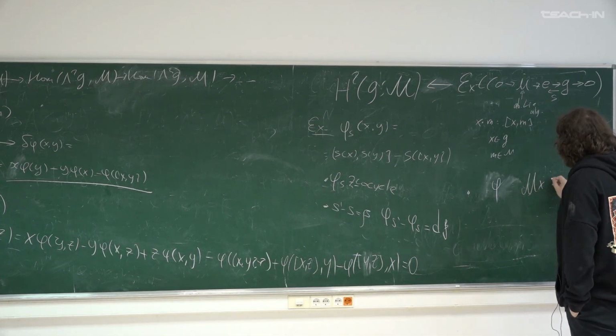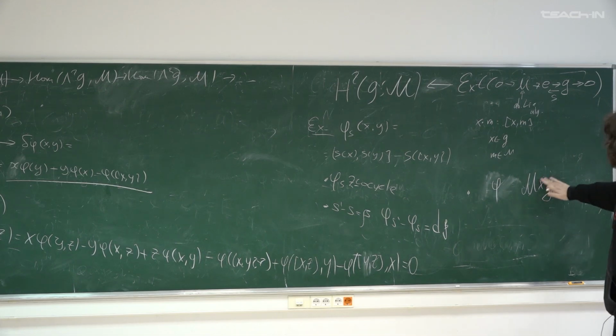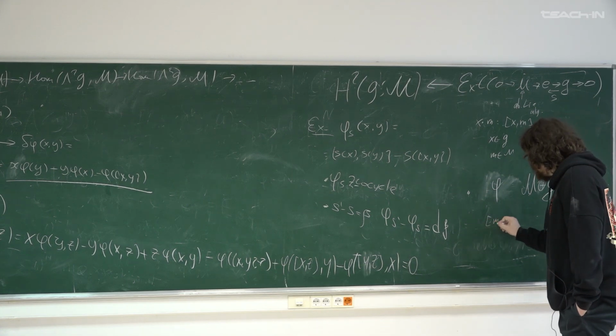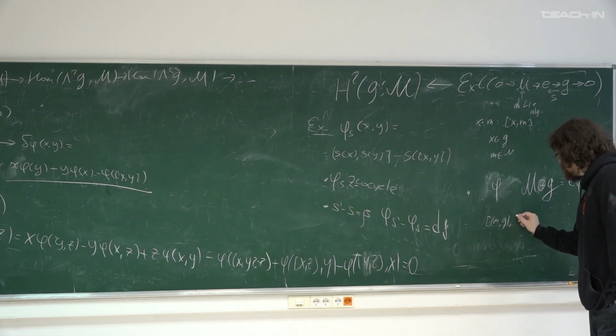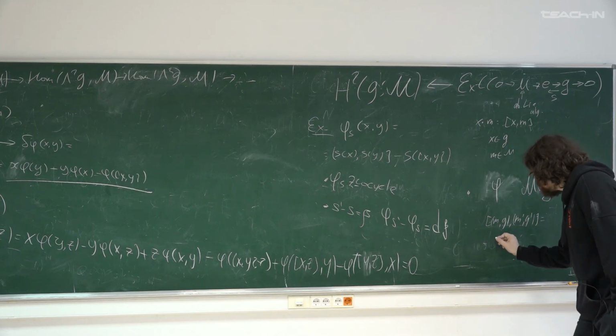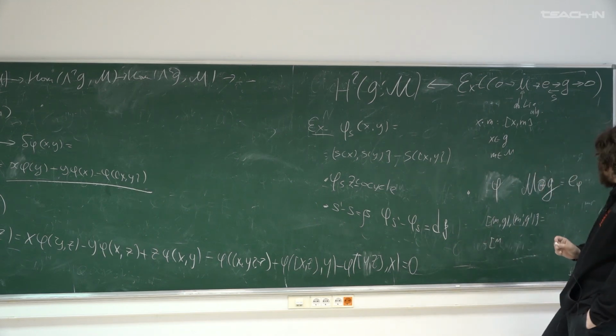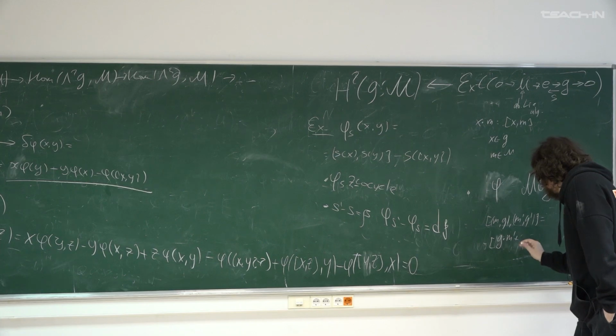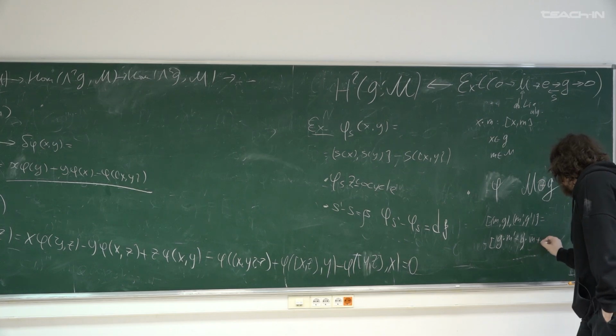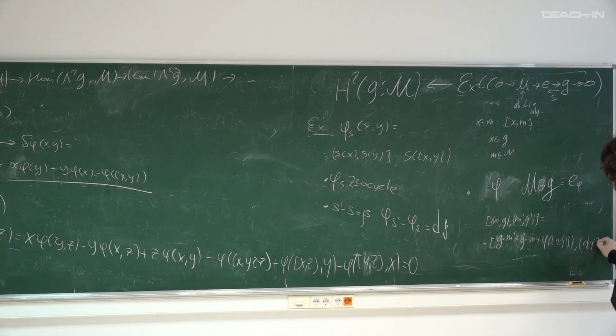It's just a direct sum, with the following commutator: if it's a left module, then for (m, g) and (m', g'), it's g m' minus g' m plus phi(g, g').